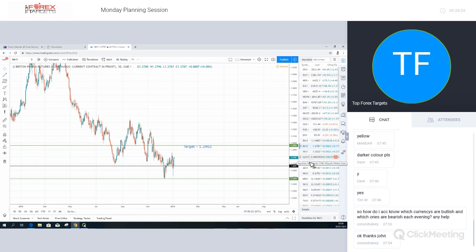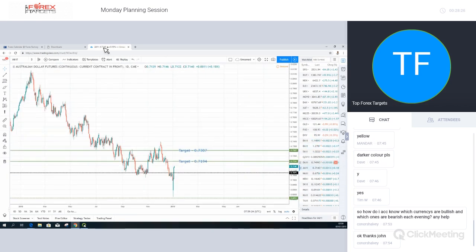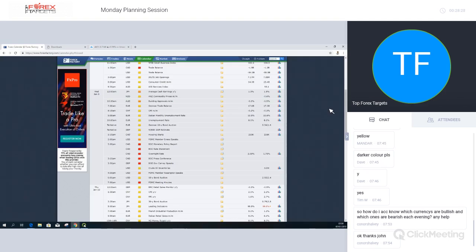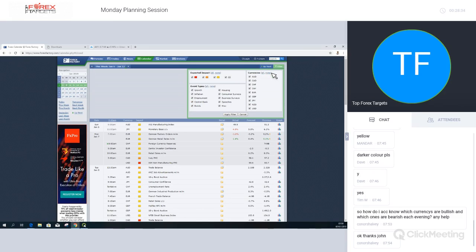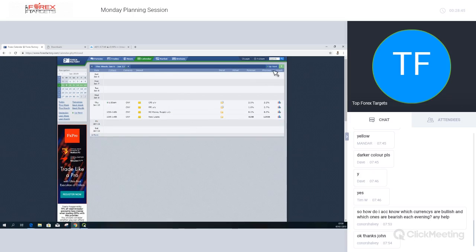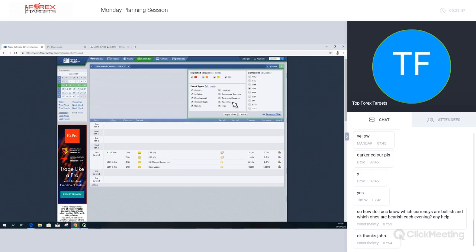In terms of Australia and New Zealand, one thing I want to show you as well, which feeds into this idea that we could have in the next 2 years some potential issues, is if we go and have a look at the Chinese PMIs, which we touched on earlier. You can see the business surveys coming out of China.